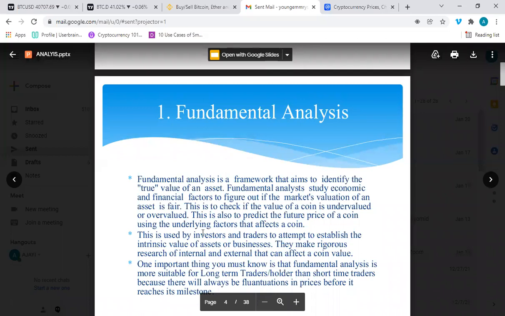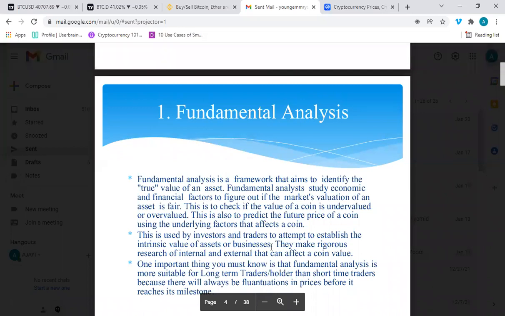So they make rigorous research of both internal and external factors that can affect a coin's value. One important thing to know is that fundamental analysis is most suitable for long-term traders or holders rather than short-term. In the sense that I'm buying this coin now and I'm not selling until the next 6 months, or the next 1 year, then fundamental analysis is just the best.